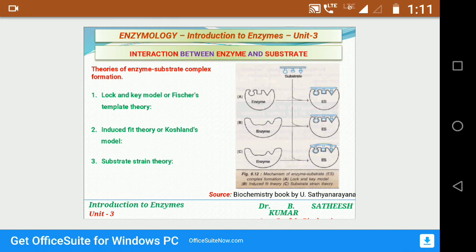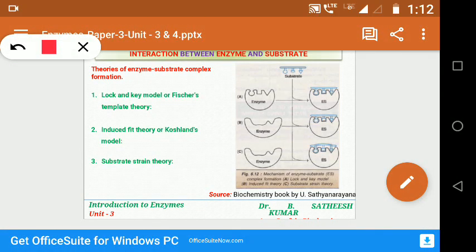Later on, another scientist, whose name is Koshland, proposed another theory. That theory is named the induced fit theory. The name itself explains the mechanism proposed in this model.